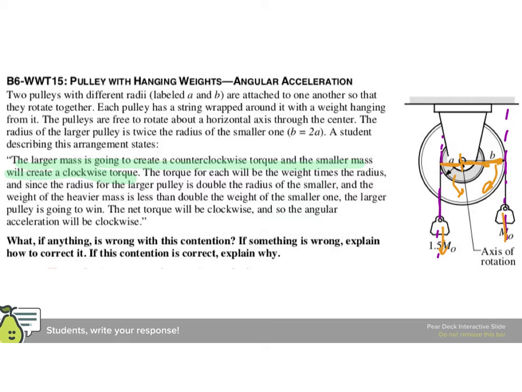All right. Is it true that the torque for each is the weight times the radius? Yep. That's certainly true. Now, we have that the smaller mass produces a torque which is mg times b, or mg times 2a, or 2mga.